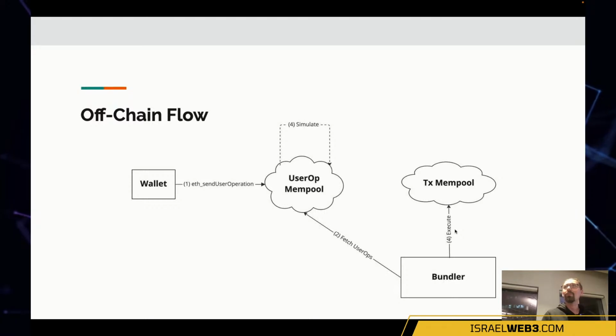What's the incentive for the bundlers to do this? That's a good question. The bundlers just get the fees back. They can use the paymasters, or the bundler can use their own.